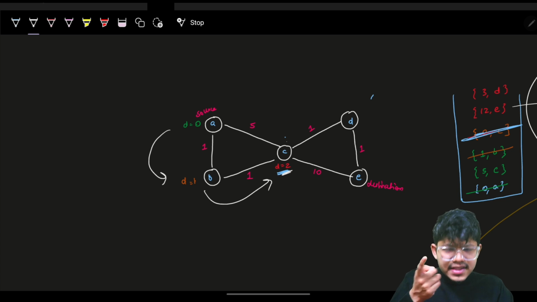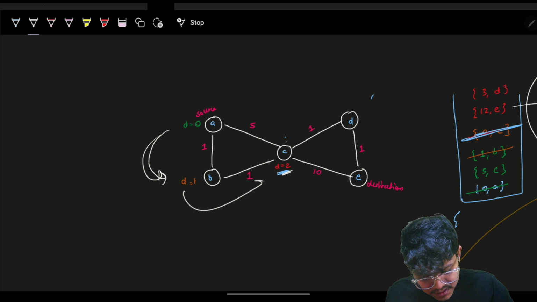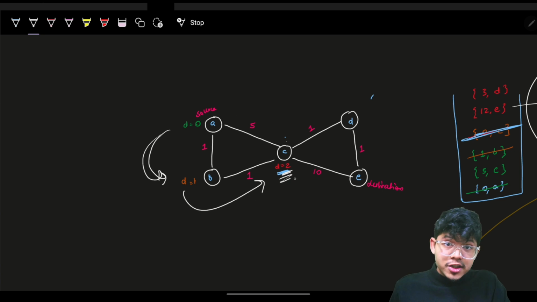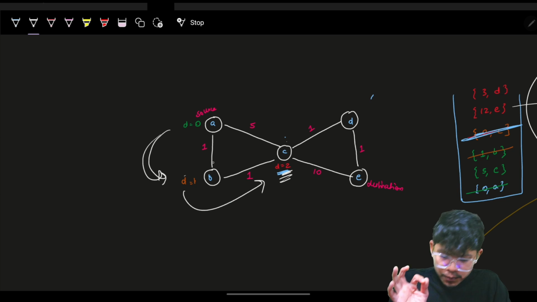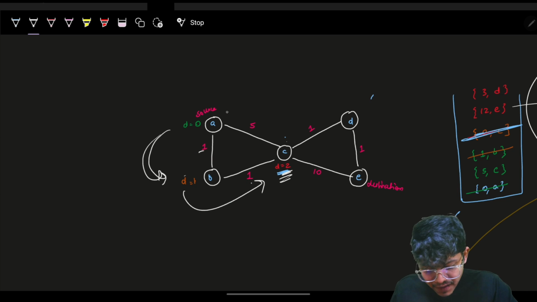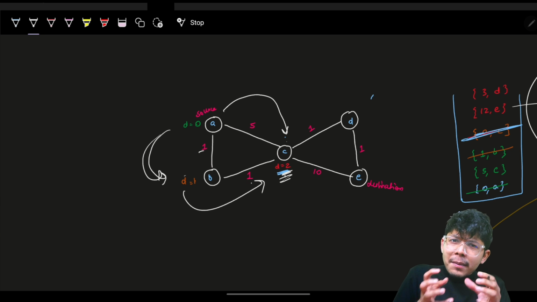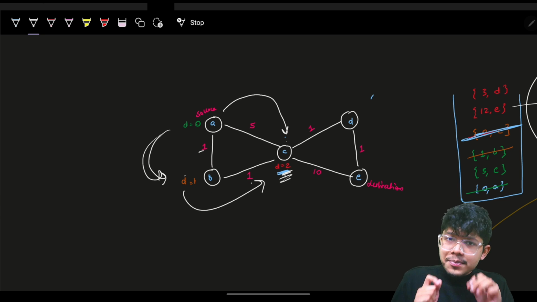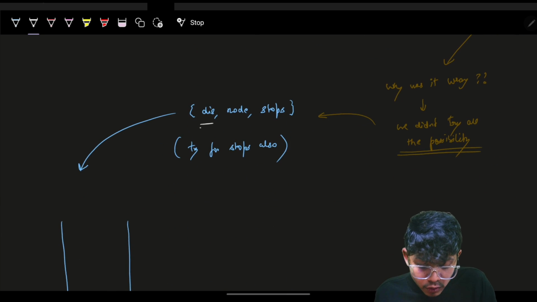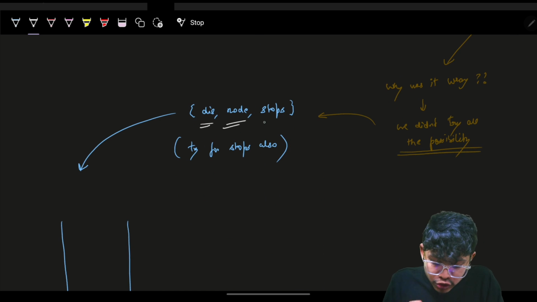In two steps, my minimum distance to reach C was actually 2. 1, 2. But if I had to do only one step, then my minimum distance to reach point C will be 5. So my minimum distance is dependent upon the steps itself. So rather than taking only distance and node, I will also take the steps.